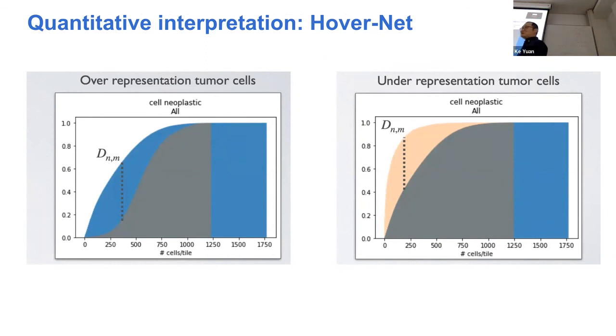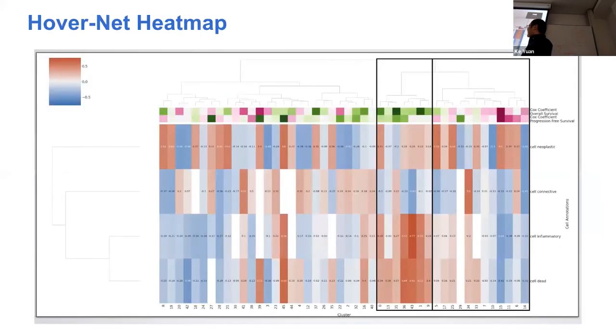So this is where we use HoverNet, and obviously you can annotate your clusters with HoverNet annotations. We basically ask two questions: is this cluster overrepresented in the cell type in terms of cells per tile, or underrepresented? By asking that question, we did a KS test.